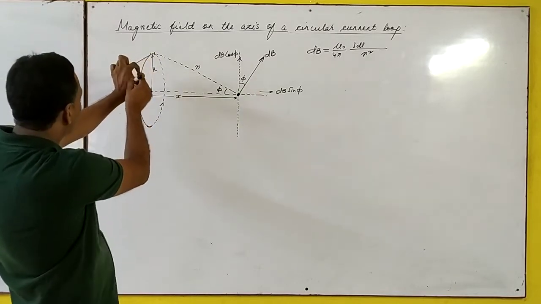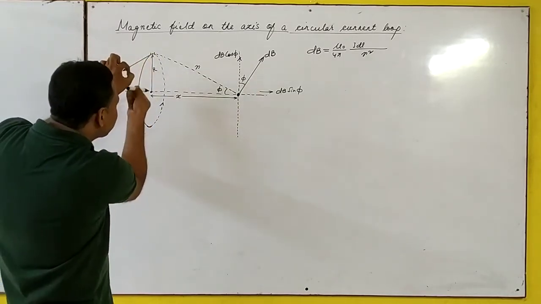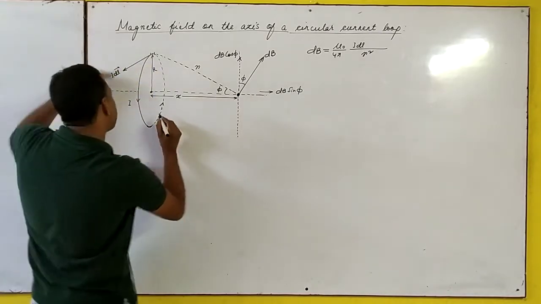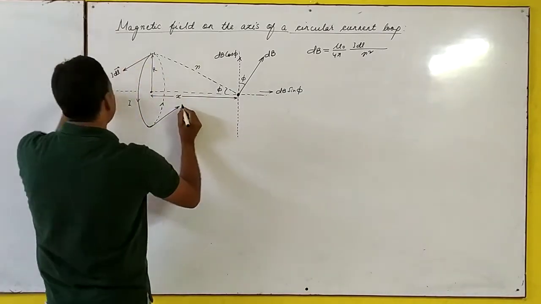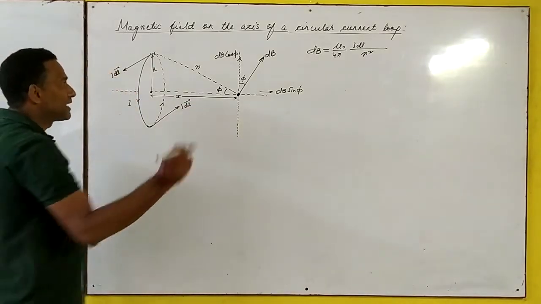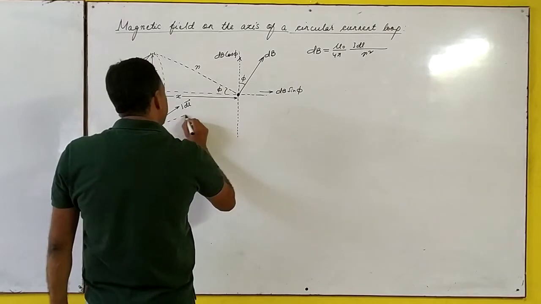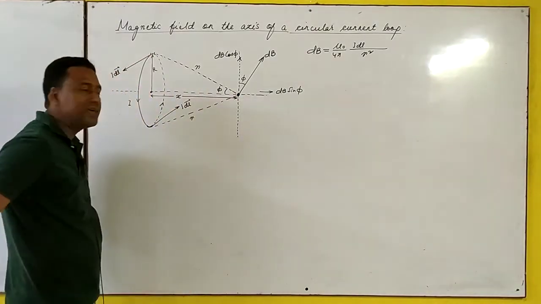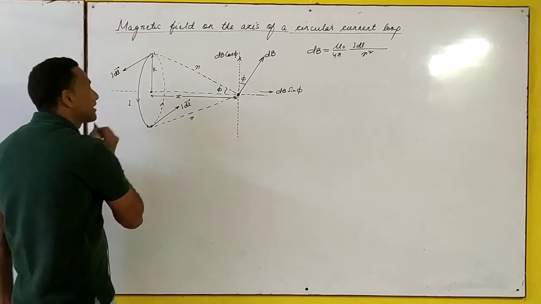Now here the current is going in, so the current element will be tangentially inside, just opposite to this. So if it is Idl on this side, here Idl will be on this side. Again the distance is required, so the distance is going to be this much. If it is r, it is also r.